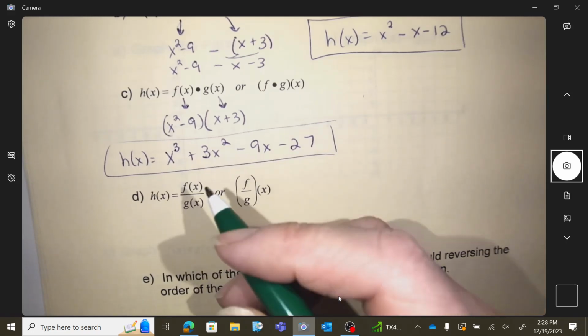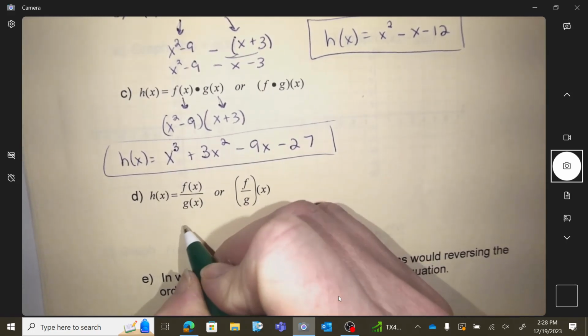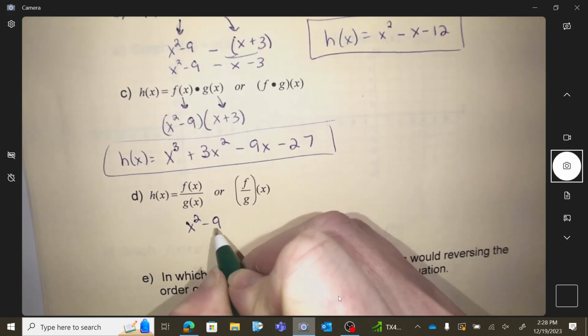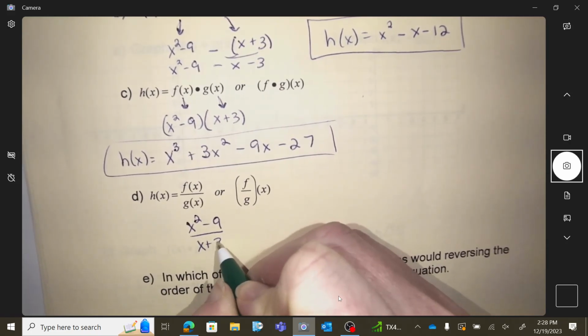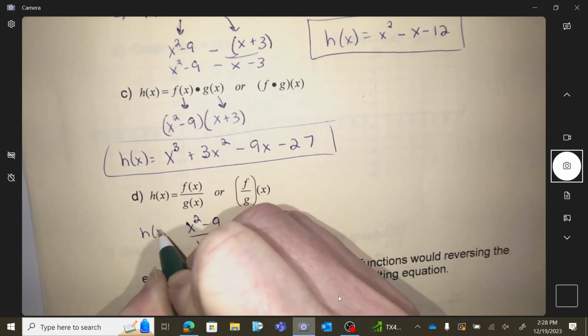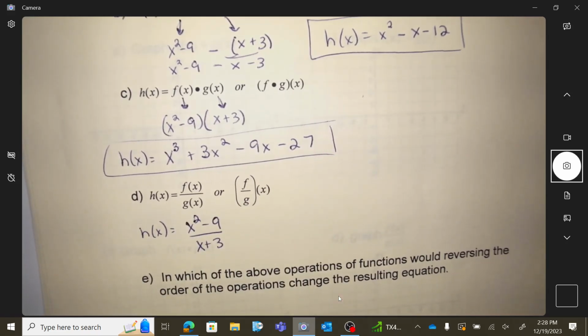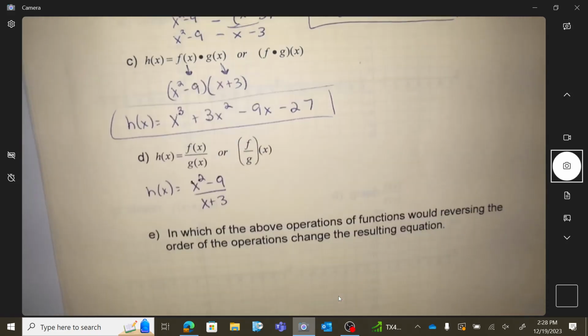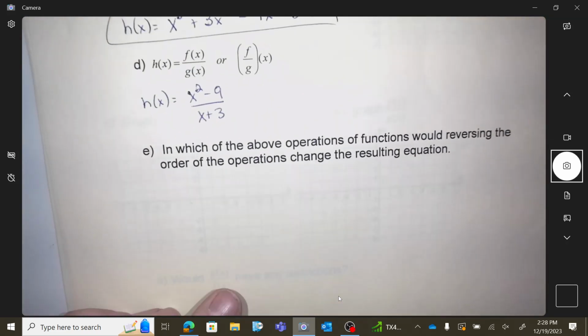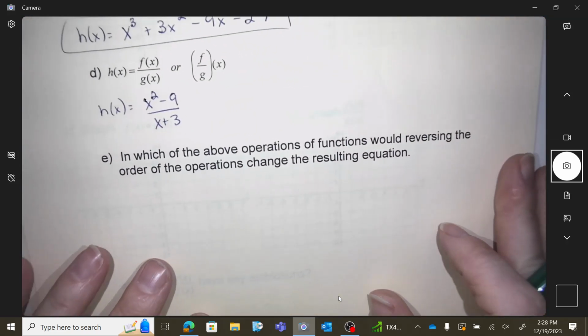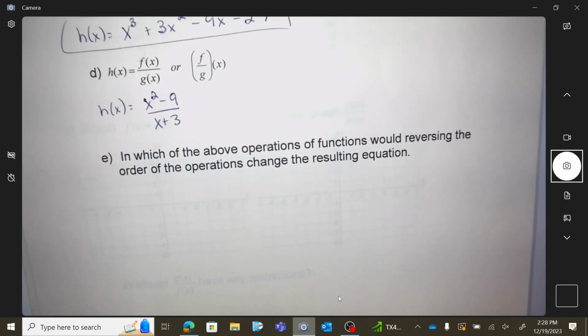Okay, the last one is a division, so we have the f function divided by the g. Okay, when we've done this division, now we've created a domain problem.